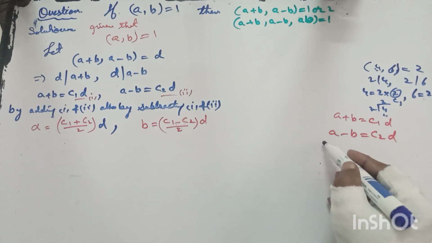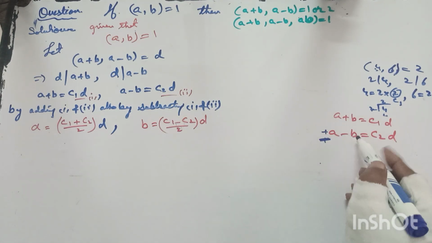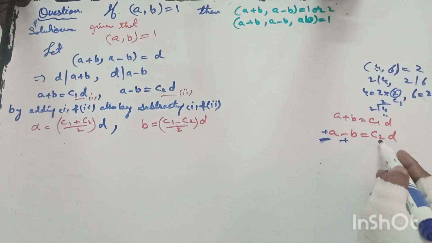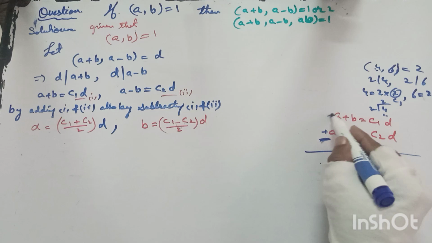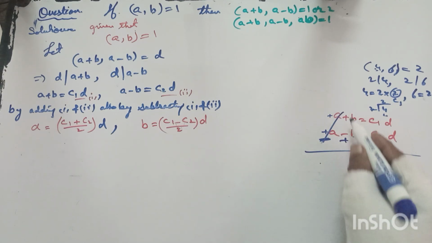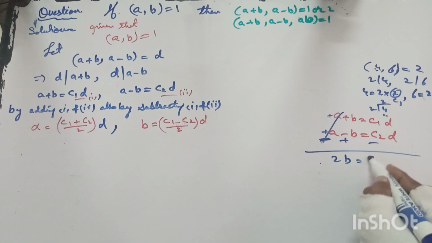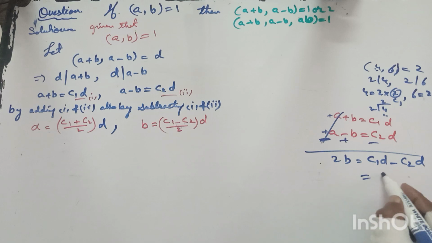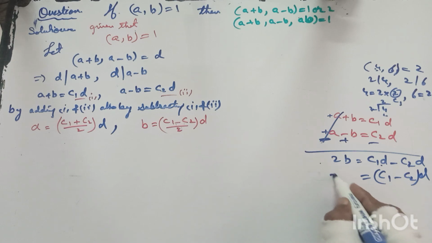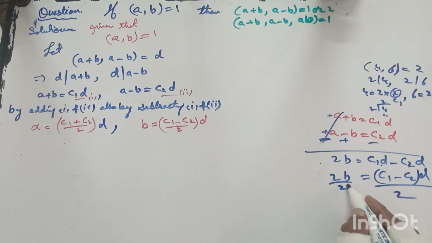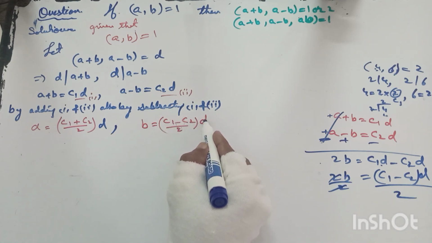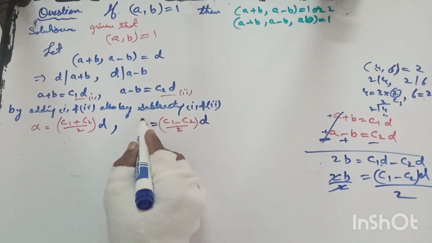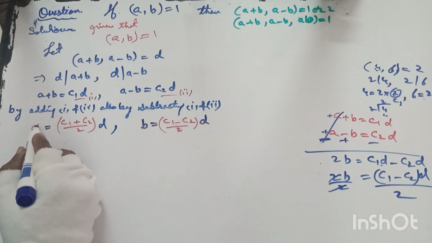When I subtract, changing the sign, A cancels, and 2B is equal to C1D minus C2D. What is common in both terms? D is common. I want to find the value of B, so B is (C1 minus C2) over 2 into D. This is B and this is A.